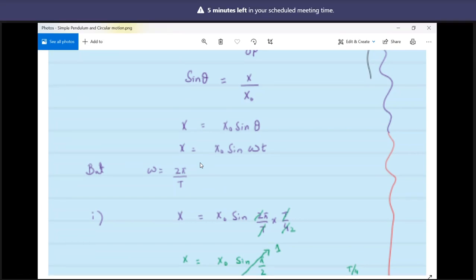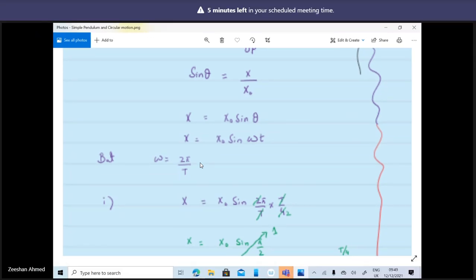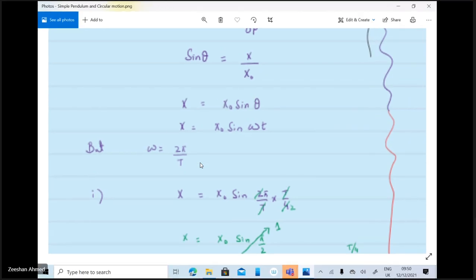If I ask you what is the instantaneous displacement at t equals t by 2, let us check. At t equals t by 2, x equals x naught sine 2 pi by t multiplied by t by 2. What are the things we can cancel? 2 and 2, t and t.